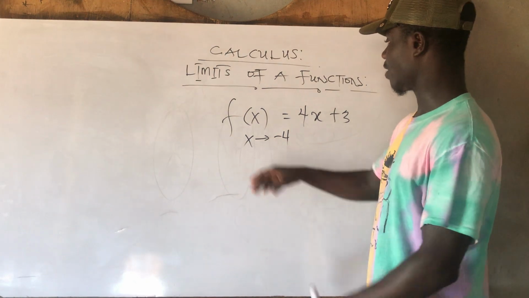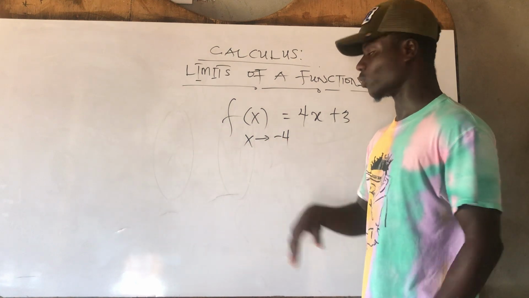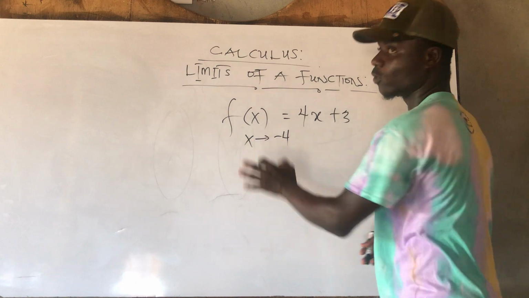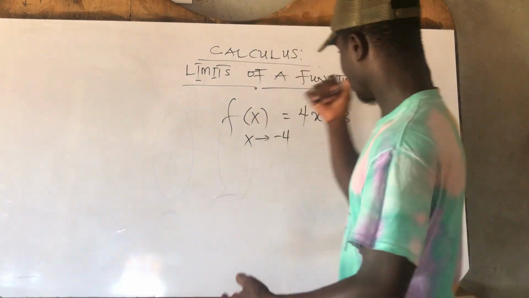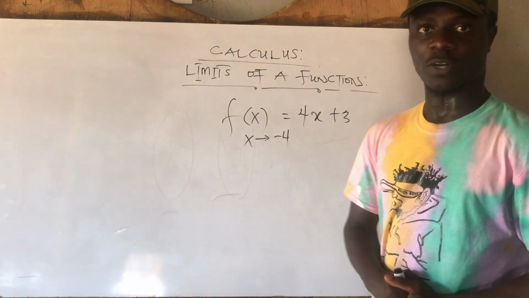So we have f of x equals 4x plus 3 as x approaches -4. I believe you know, wherever you see x, you plug in -4, right? So you see the behavior of this function here.